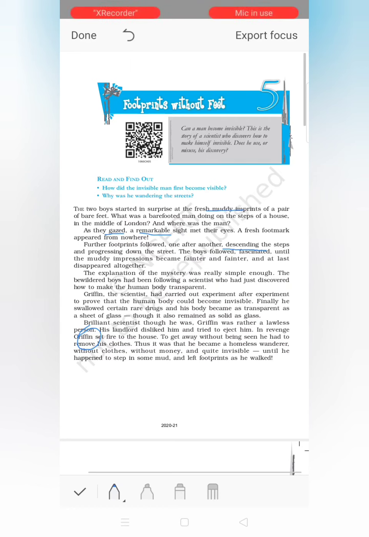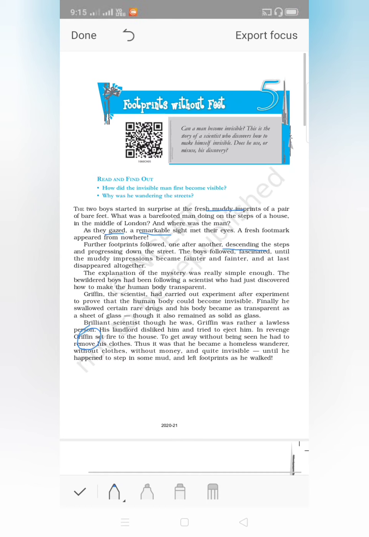So, the meaning of muddy is covered in mud. Imprints, you already know, means to impress on a surface, a mark or outline on a surface. Bare means not covered. Gazed means looking steadily in admiration, surprise or thought. Remarkable means worthy of attention, striking. Sight means the power of seeing.